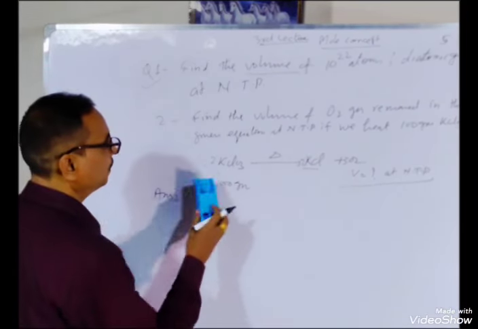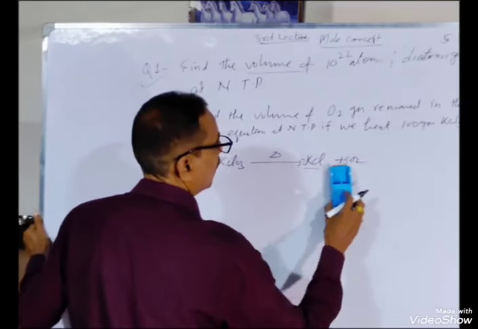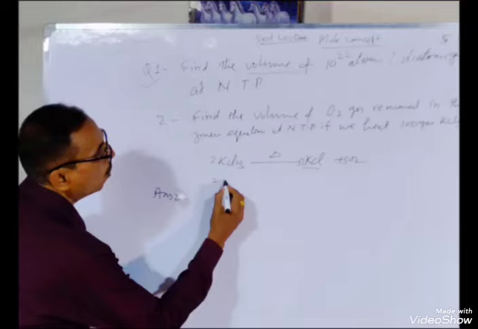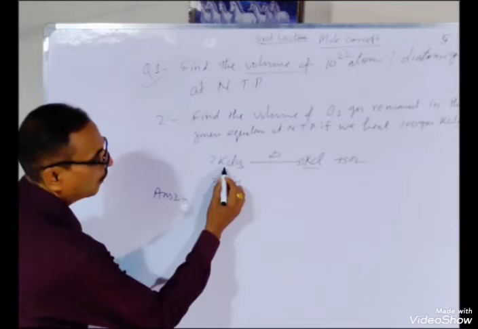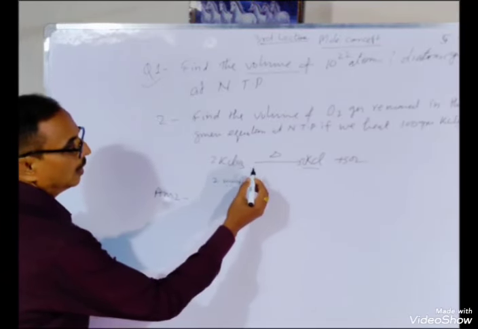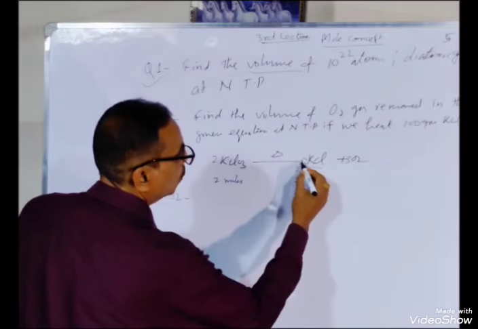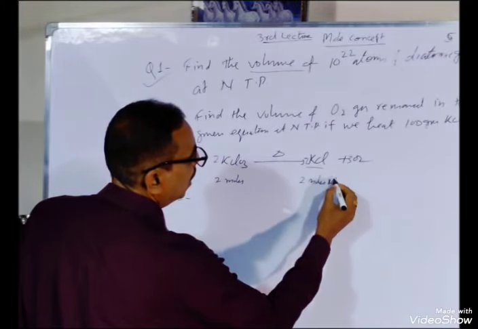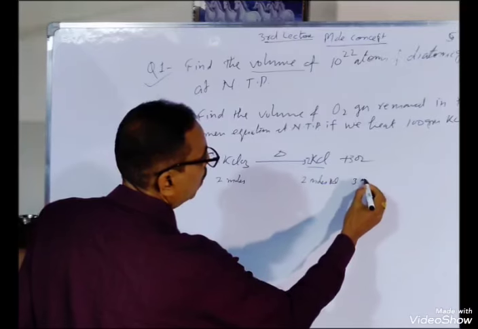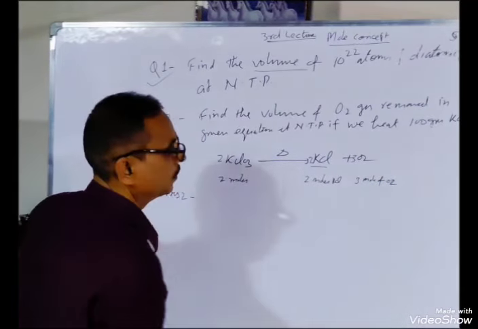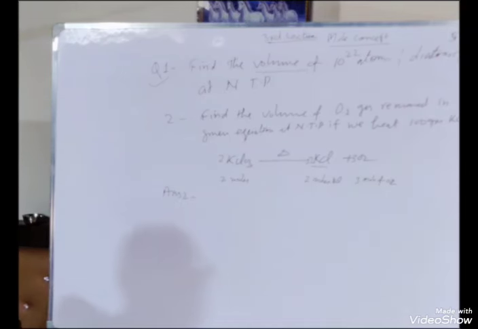It means from the equation, 2 moles of KClO3 produce 2 moles of KCl and 3 moles of oxygen.